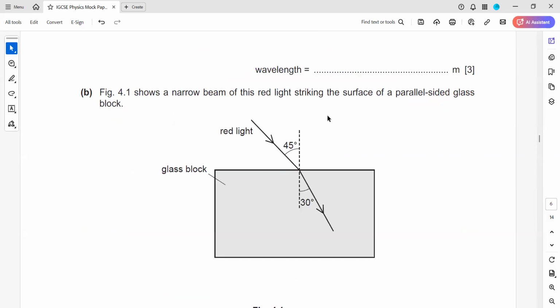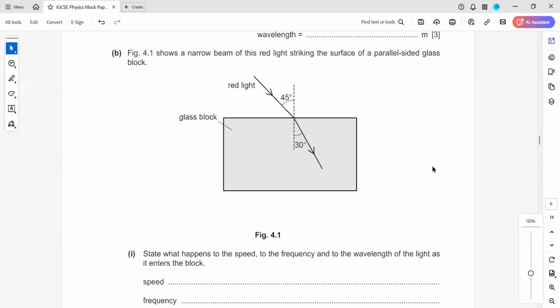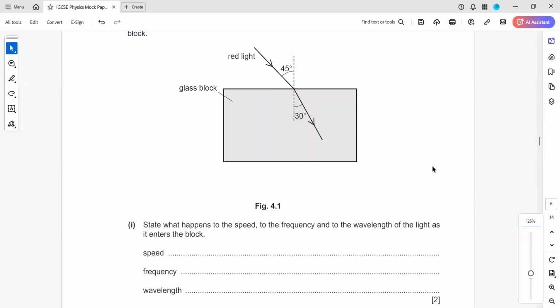The next question, figure 4.1 shows a narrow beam of red light striking the surface of a parallel-sided glass block. State what happened to the speed. Look, as it moved from air to glass, what happened to the speed? It decreases. Because in air it is traveling faster, but in glass it travels slower.